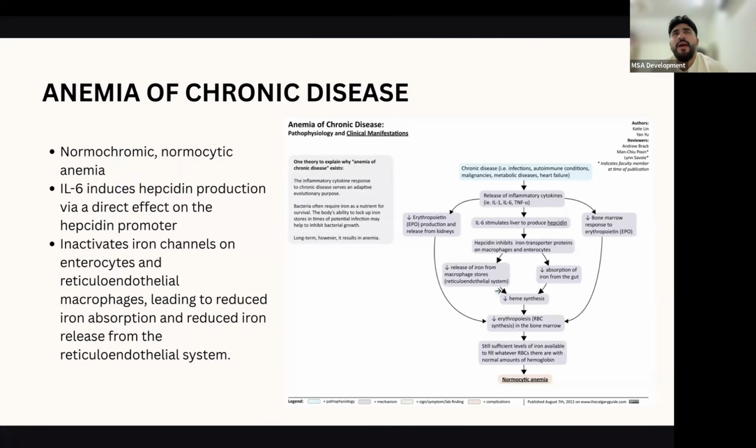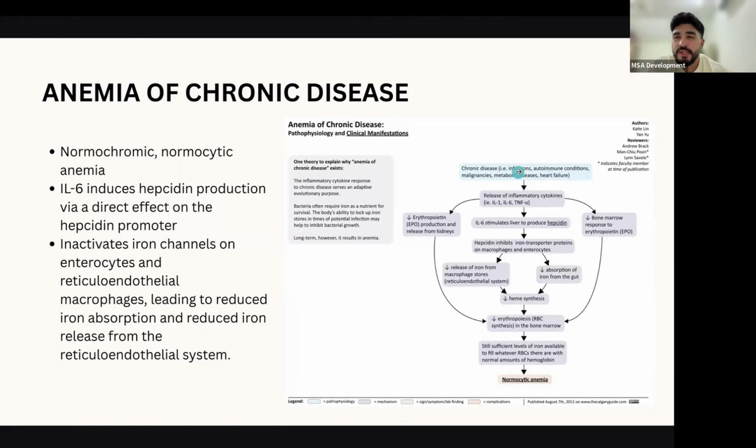So, when you have a disease, initially, there's some sort of inflammation that is going to happen. Okay. No matter what the disease is, even if it was cancerous, you're going to have some sort of inflammation. Then, chronically, you could have anemia, right? How does it happen?